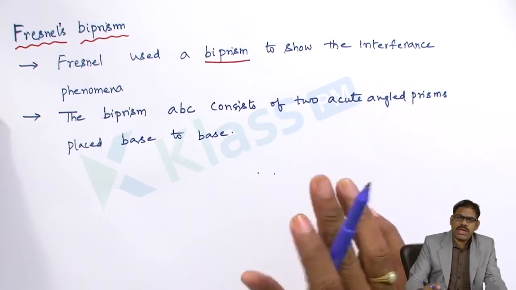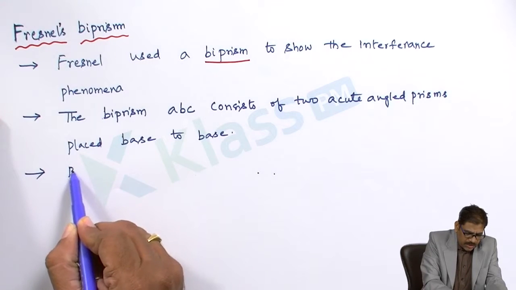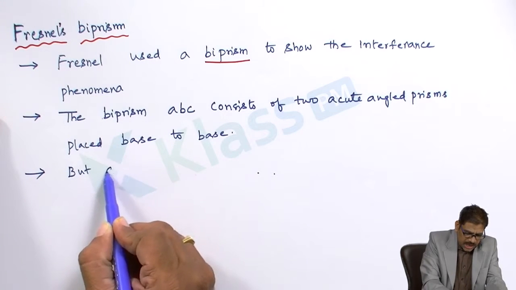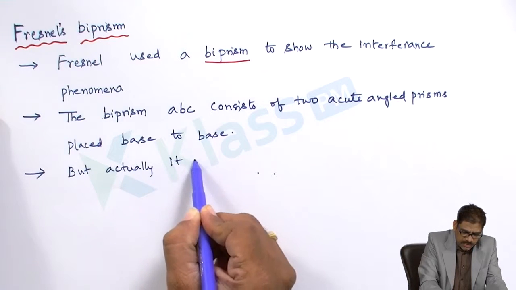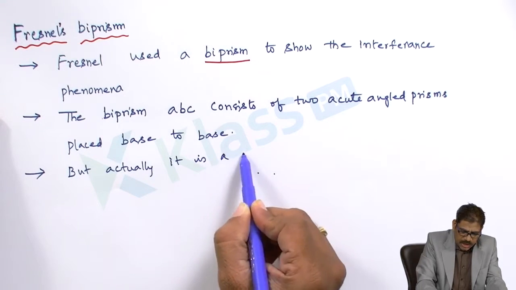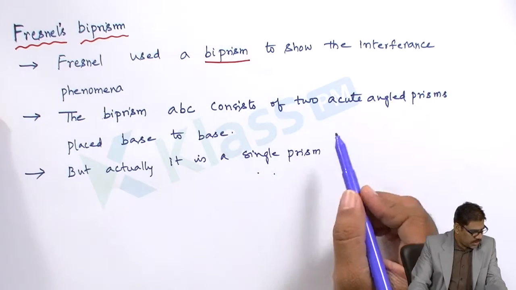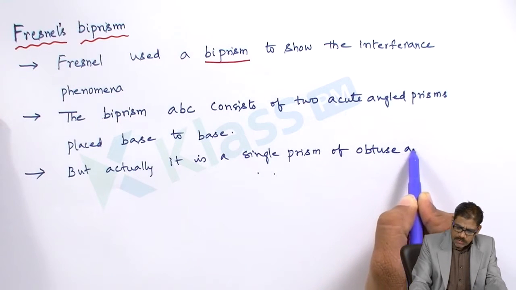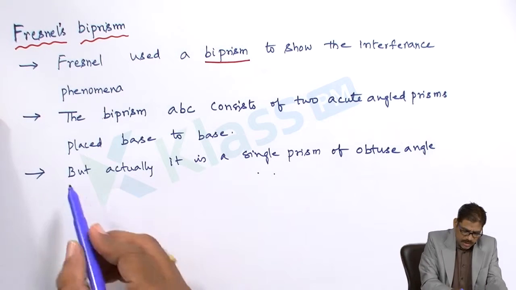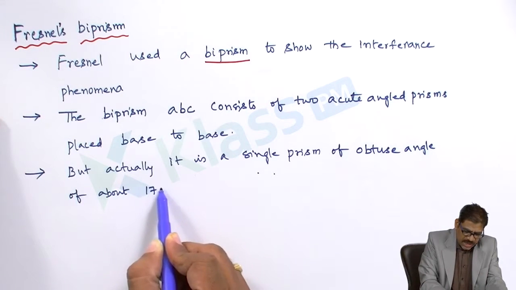Actually we are saying two acute angle prisms, but actually it is a single prism of obtuse angle of about 179 degrees.